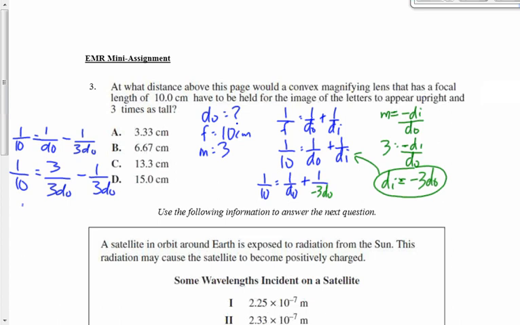Oh, now it's coming. 1 over 10 equals 2 over 3 DO. Now it's doable, right? Take the DO up by multiplying. Take the 10 up by multiplying. And I end up solving for DO, and it works out to be 6.67 centimeters. All right? Tough question, eh?